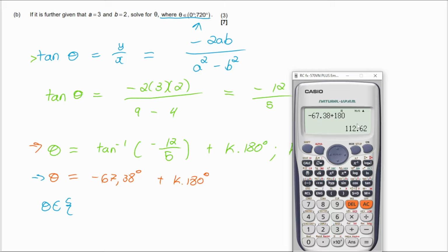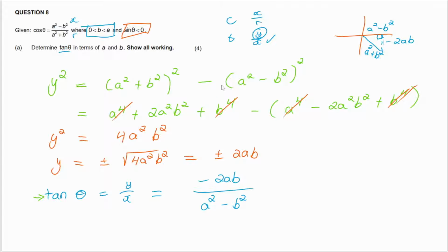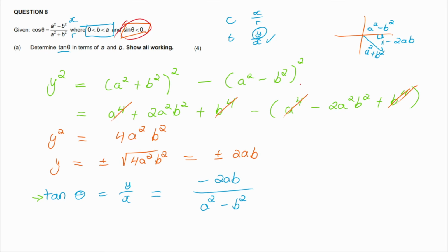Okay, you might be thinking, okay, yeah, this one works, but we need to be careful because cos has to be positive and sine has to be negative. All right, we know from here. So 112, that's the answer we just got, it falls in this quadrant.